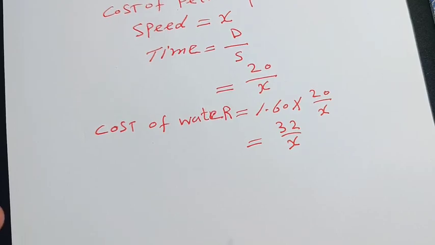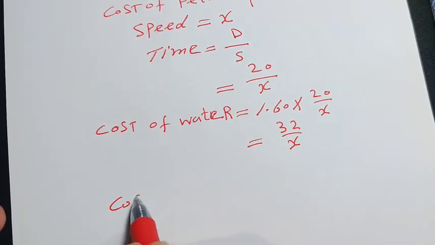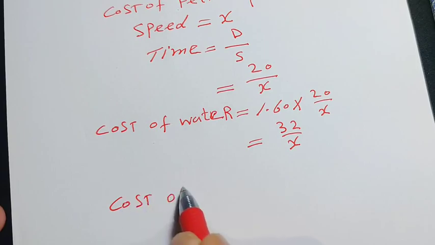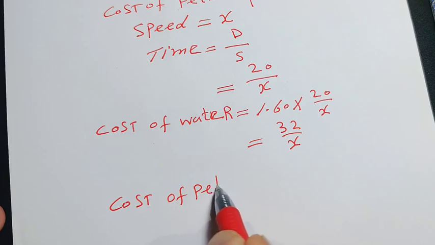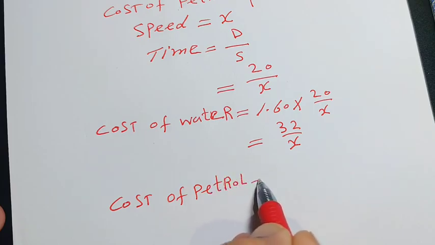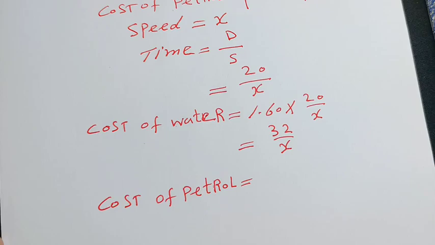Now we need to find the cost of petrol. The distance is 20 kilometers. So the cost of petrol is cost per kilometer multiplied by distance.